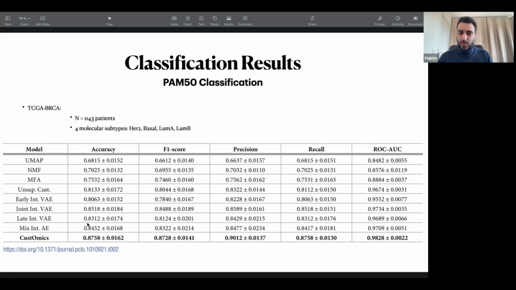So here for classification, we use the breast cancer cohort to classify the 4 molecular subtypes, and we showed that even with smaller cohorts, our method shows the same behavior as it did with the pan-cancer cohort, which was quite encouraging to be able to use our method even for our cohorts in Gustave Roussy, for example.